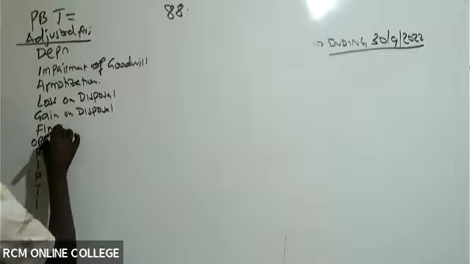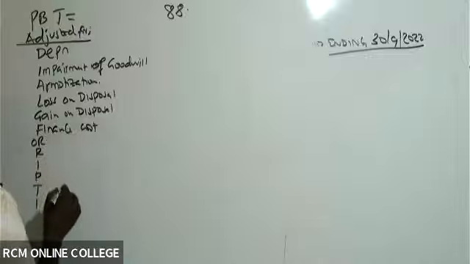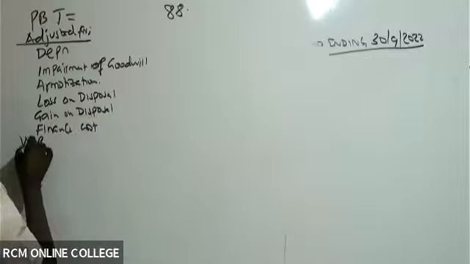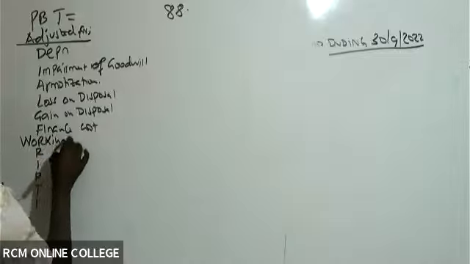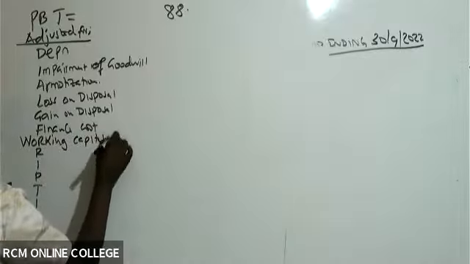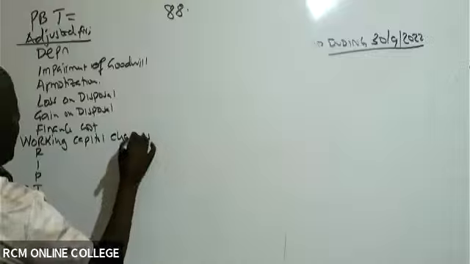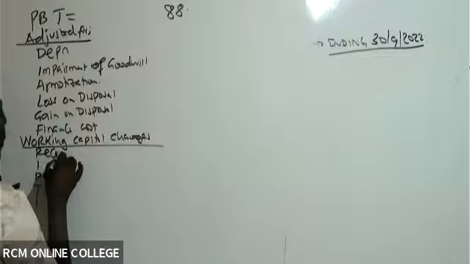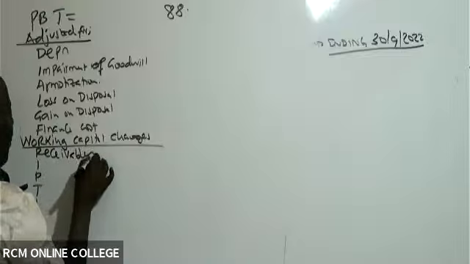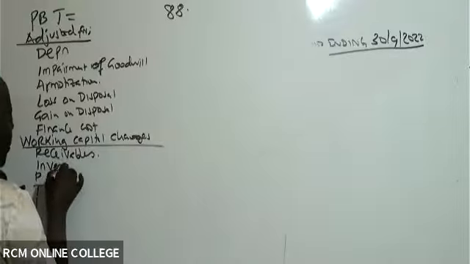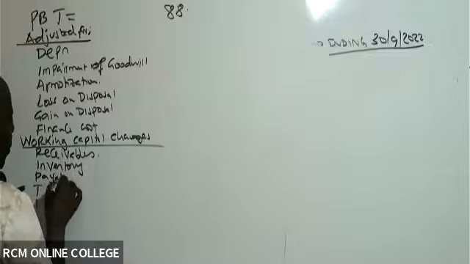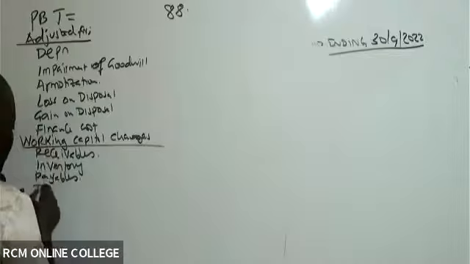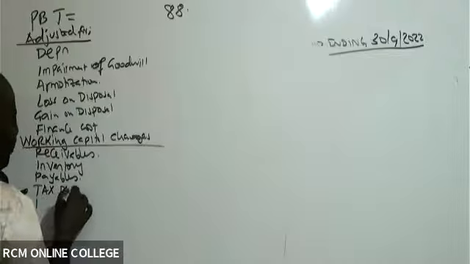So we have here finance cost. We have here working capital changes. You underline this. Then we have receivables, then inventory, then payables. Then we have tax paid, and then we have interest paid.